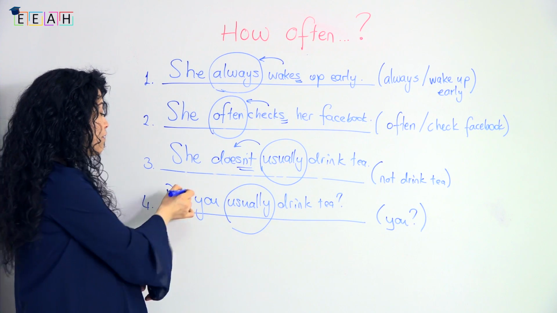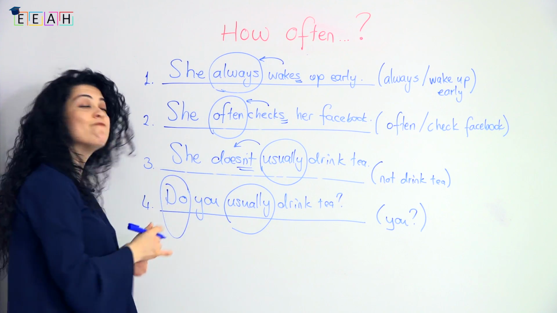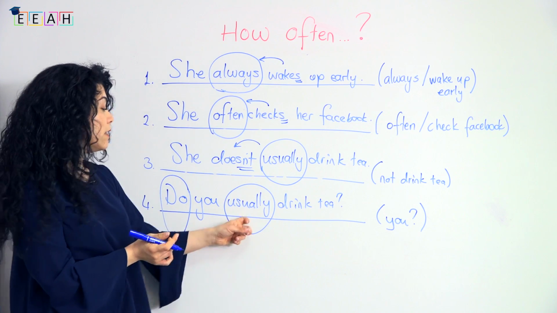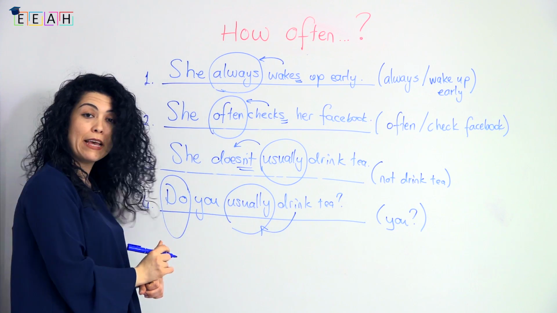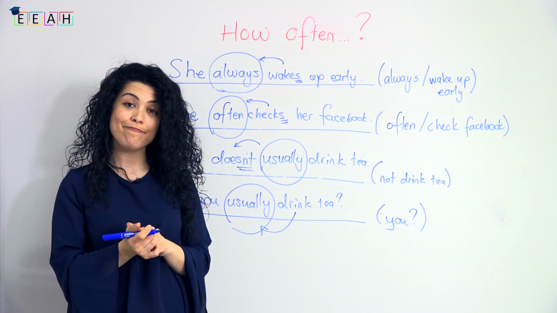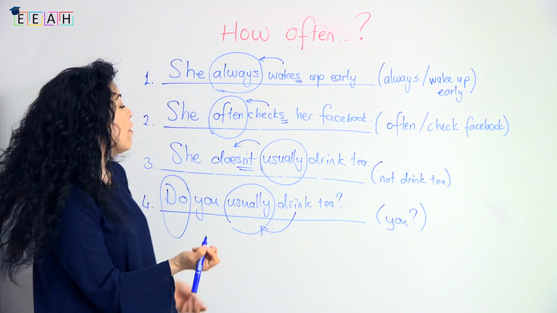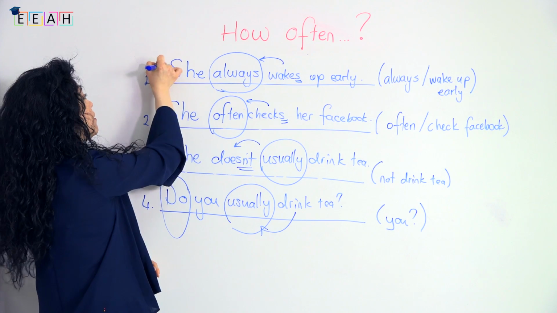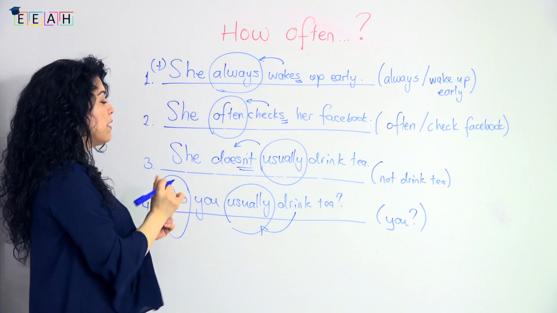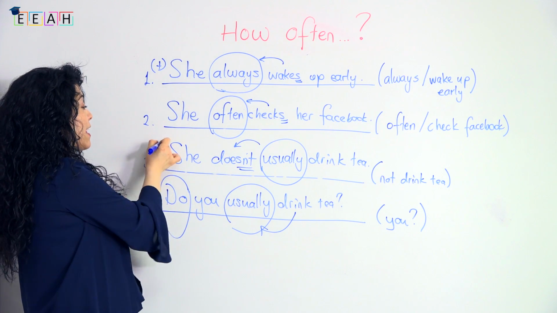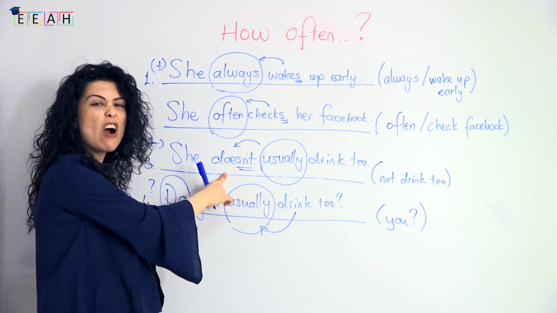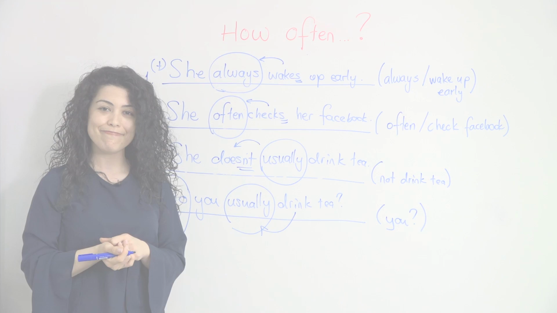Now the last one, if it's a question, do you, the frequency adverb is again before the verb. Yes? Do you usually drink tea? That's it. So keep in mind, if it's a positive sentence, before the verb. If it's a question, before the verb. If there's a negative form, it comes after the negation.